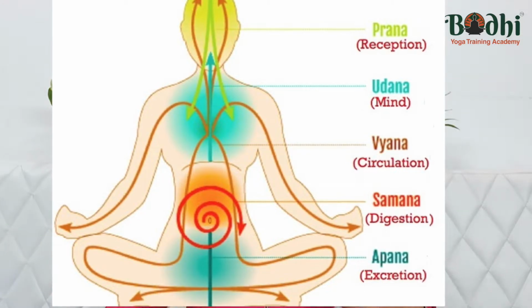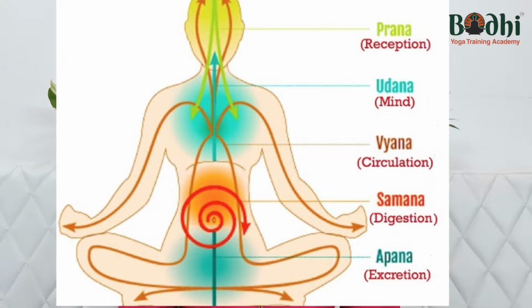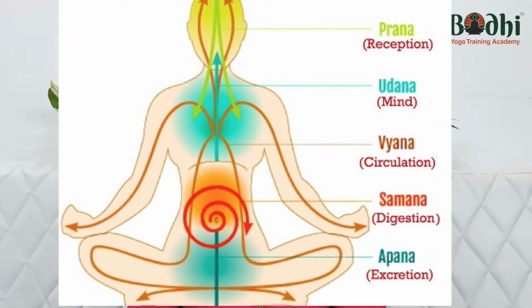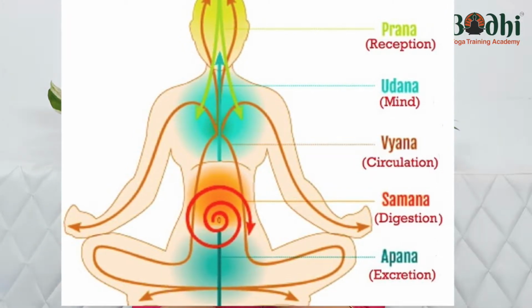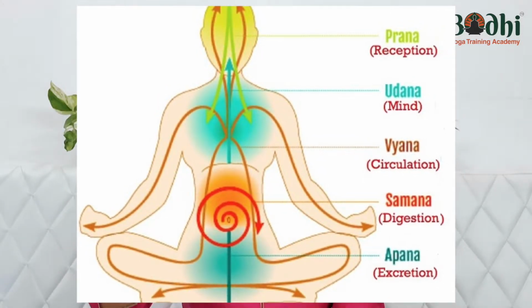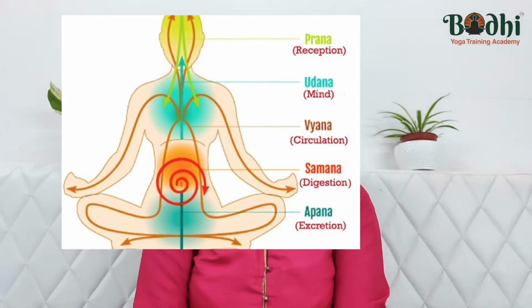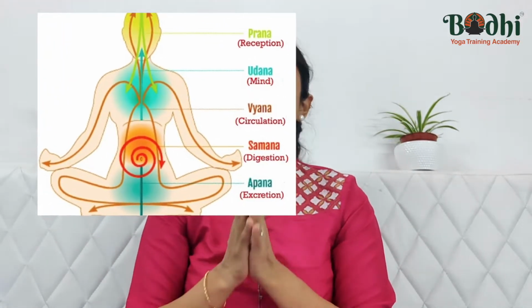Between Prana and Apana, in the stomach region, the assimilation happens, which is a function of Samana Vayu. The movements in the throat and the facial expression are due to Udana Vayu. And circulation is controlled by Vyana Vayu, which pervades the whole body.